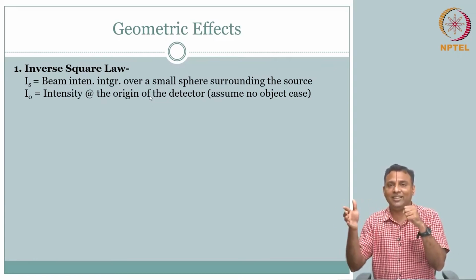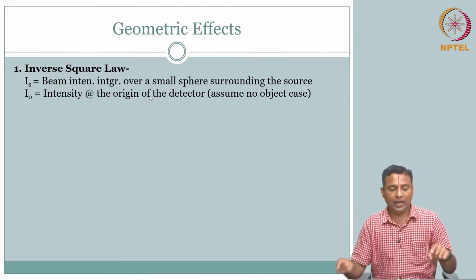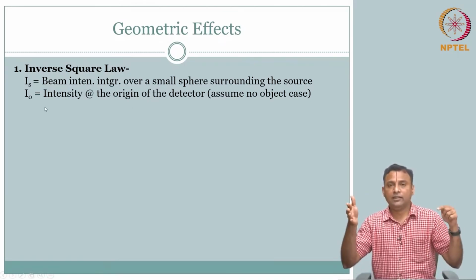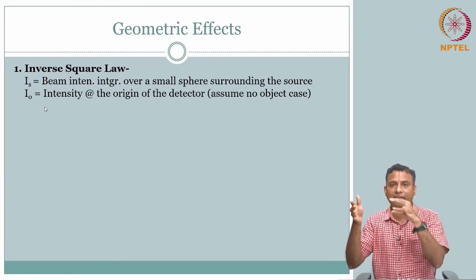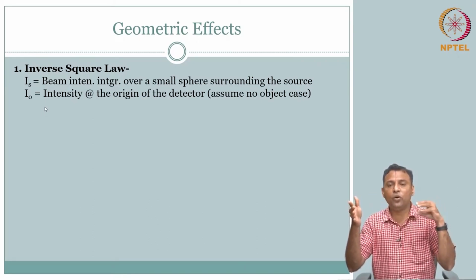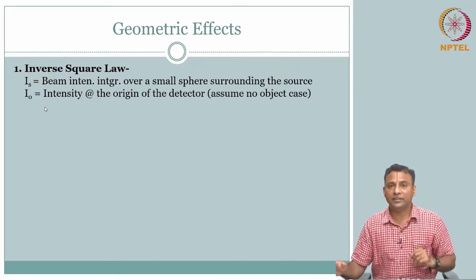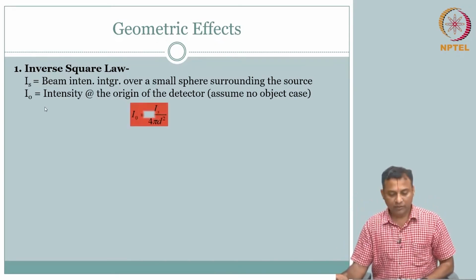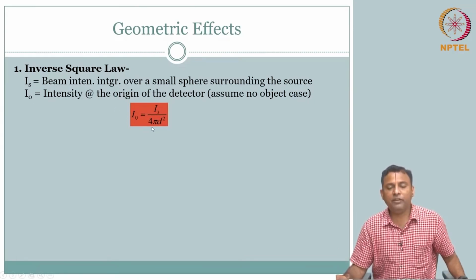So your I naught, the intensity at the origin of the detector plane, is IS by 4 pi d square.